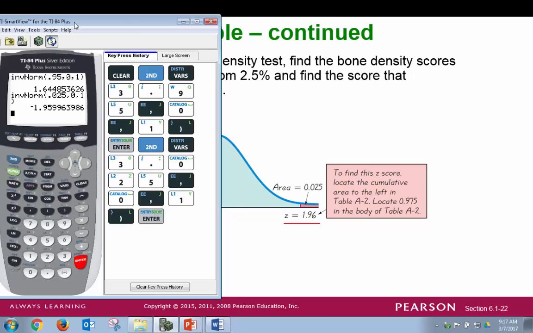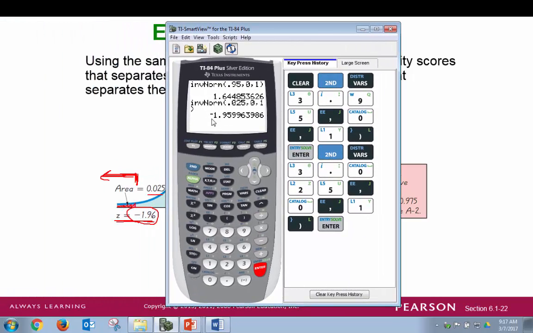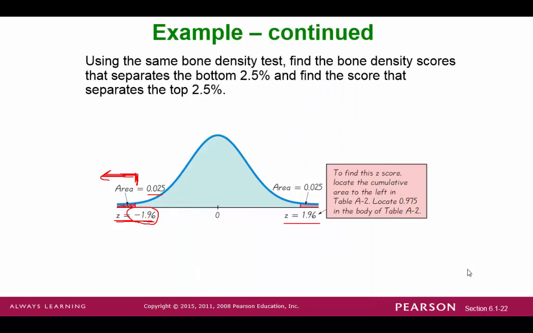So we see that the value is negative 1.9599, so that rounds off to essentially negative 1.96. The next part is a little trickier because we still want to find the value on the left side of this number. So this is the number that we're looking for.